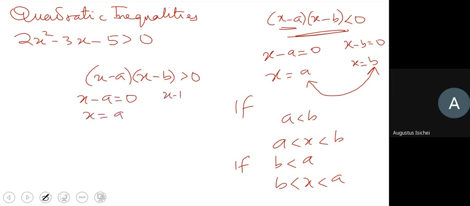Take the second expression, set it to 0, and solve. You get x as b. You also have to compare a and b. So if a is less than b, then your answer to the inequality would be x less than a or x greater than b.